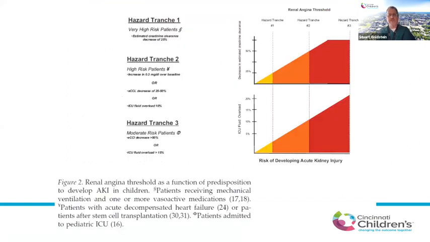And so we developed some risk stratification. So patients who come into an ICU are considered moderate risk for AKI. Patients who are high risk are those who have undergone cardiopulmonary bypass or have a stem cell or solid organ transplant. And patients who are very high risk are intubated and on a pressor, a vasoactive substance.